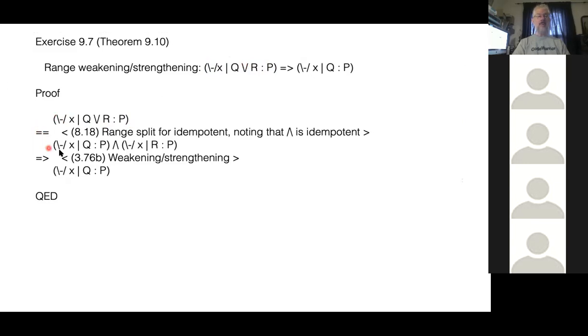And it was equivalent to this, which then implied that, which is the right-hand side. So by transitivity, the left-hand side implies the right-hand side, and we're done. And this shows an example of using a chapter 8 rule and using a chapter 3 rule to get to where we want to go.